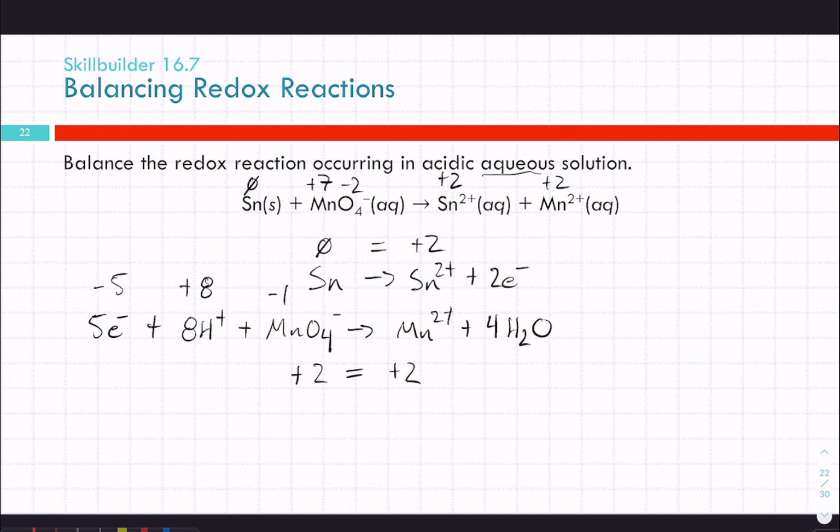What's the last step before we add them together? Multiply, but what, and by what? We need the electrons the same. You basically cross multiply. If this has 5 electrons and this has 2, then we need to multiply this top one by 5, and the bottom one by 2.